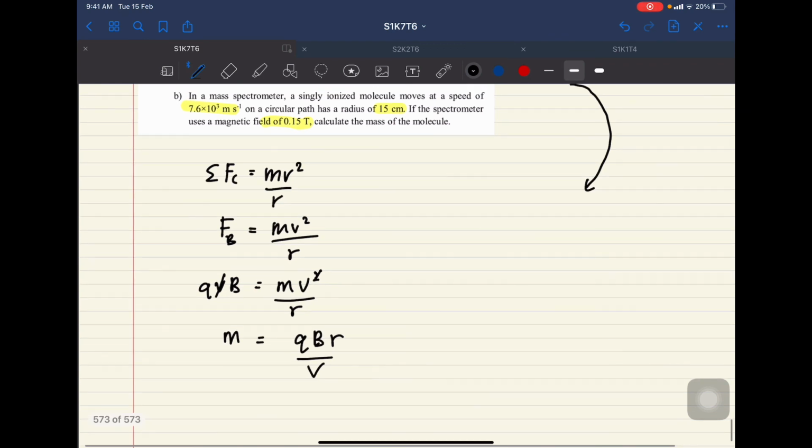It says here it's a singly ionized molecule, which means you have one charge, I mean the charge is 1e. It doesn't matter whether it's positive or negative. I just put this as 1.6 times 10 to the power of negative 19. The magnetic field here is 0.15.